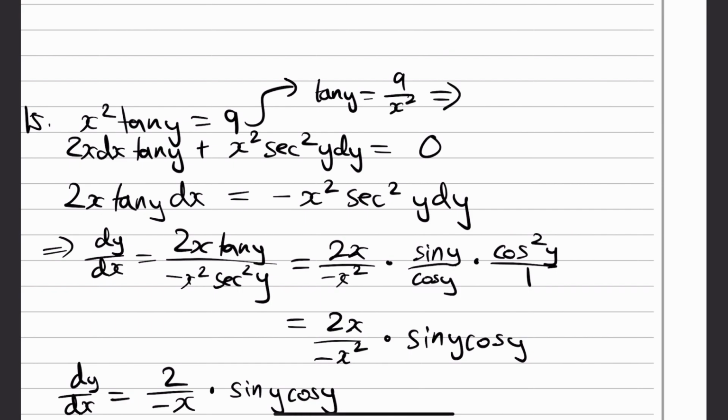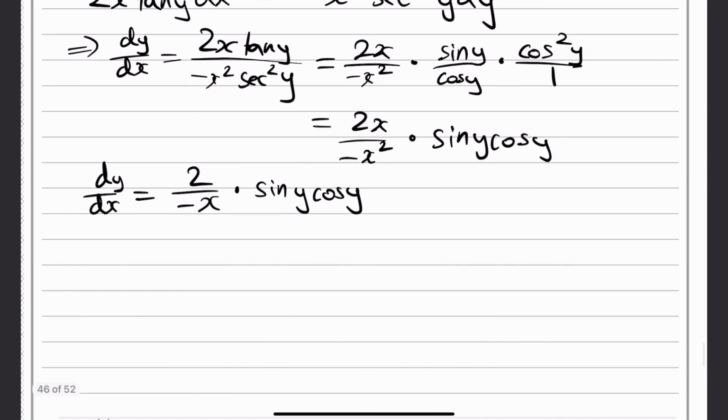So therefore, y is equal to arctan of that. And if we use the sine double angle formula, sine y cos y is the same as 1/2 sine of 2y.